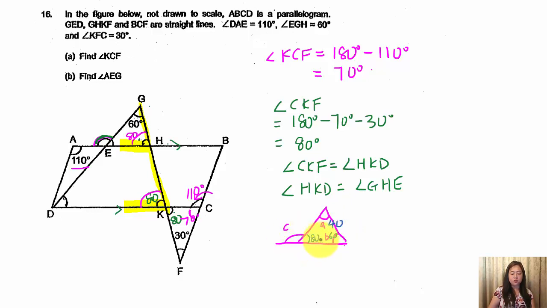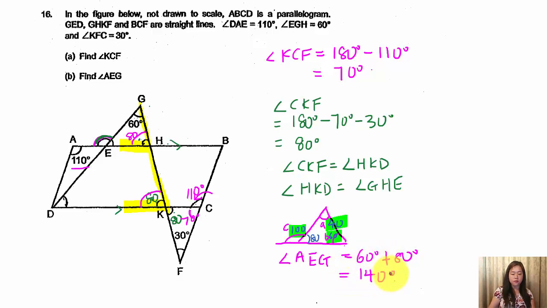Since this is angle on a straight line, 180 minus 80 is equals to 100. So you can see that 40 plus 60 is equals to 100. So now we can say that angle AEG is equals to 60 degree plus 80 degree, which is equals to 140 degree.